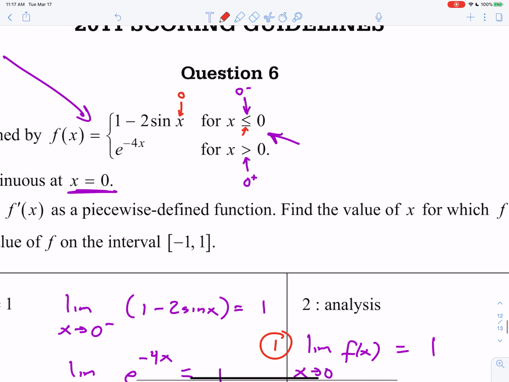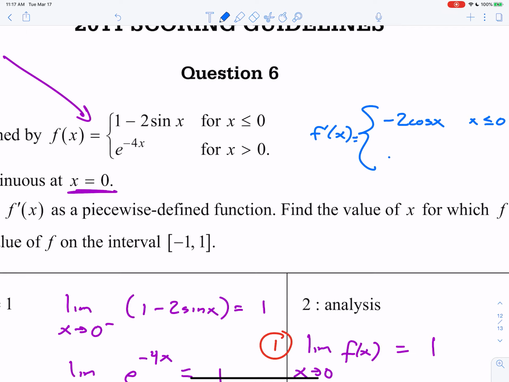F prime of x is just the derivative of each. So the derivative of 1 minus 2 sine x is really just -2 cosine x when x is less than or equal to 0. The derivative of e to the -4x requires a chain rule.